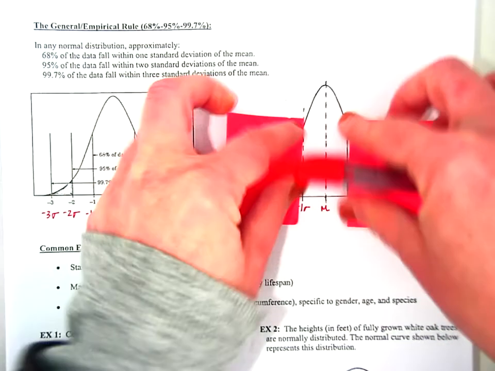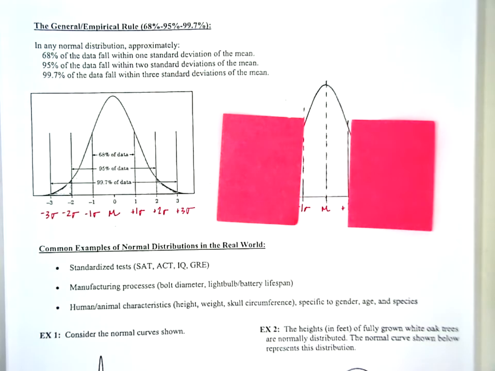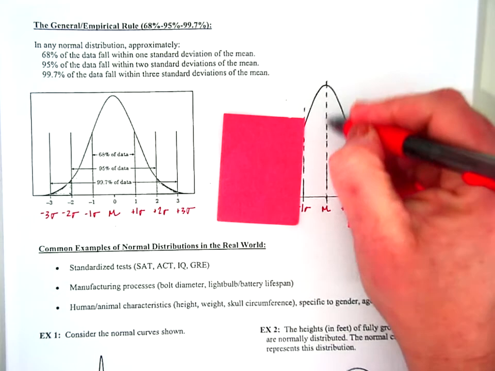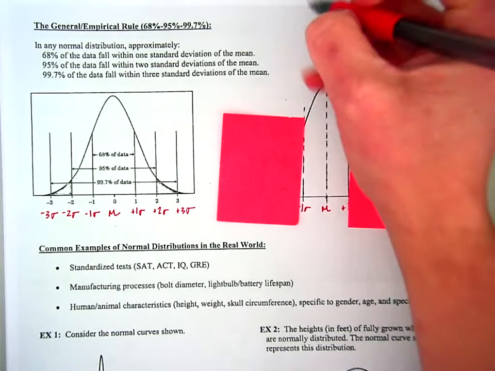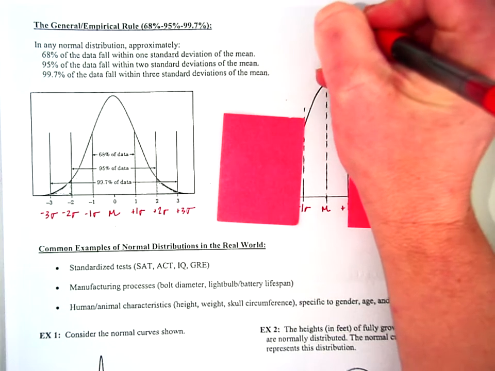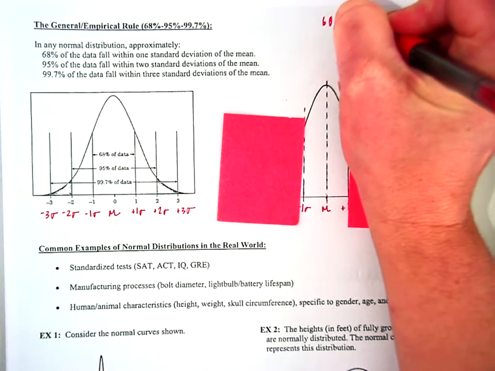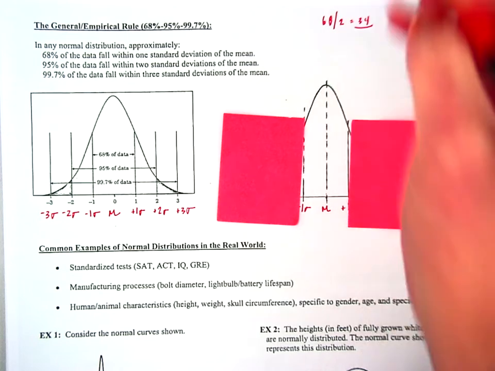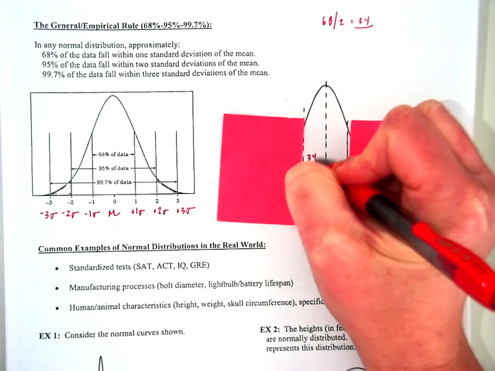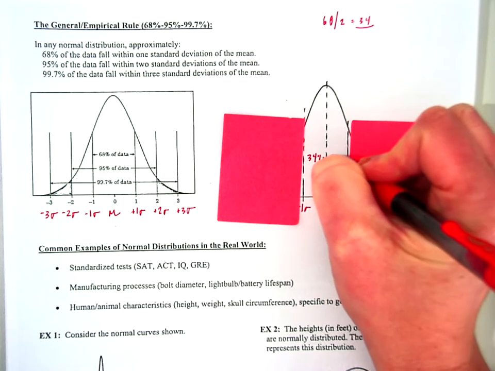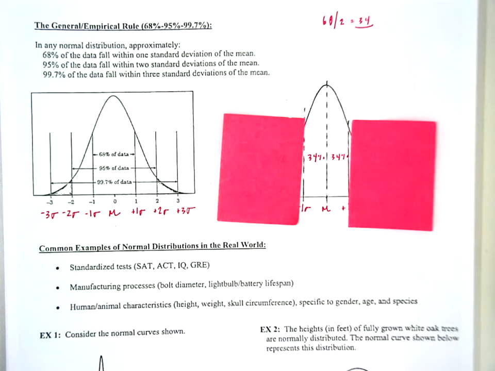If 68% falls within here to here, and this is an axis of symmetry, I'm just going to take that 68 and split it 2 ways to get 34. So 34% of my data falls here and 34% falls here.